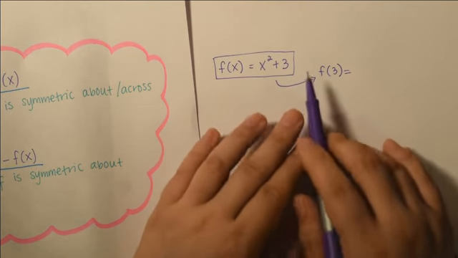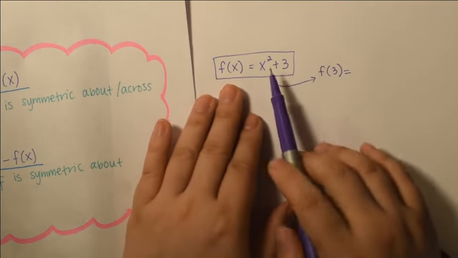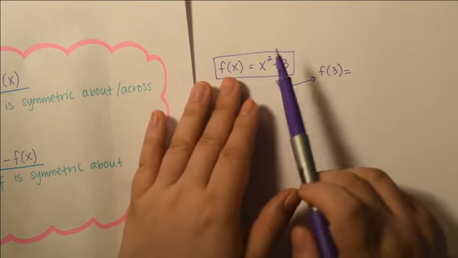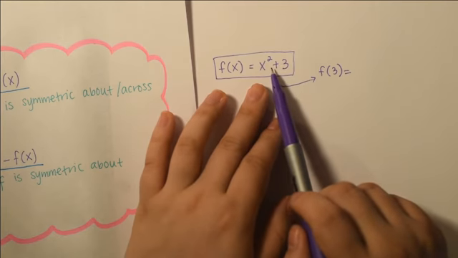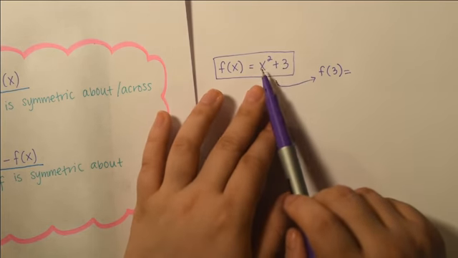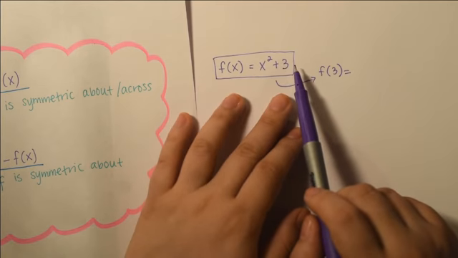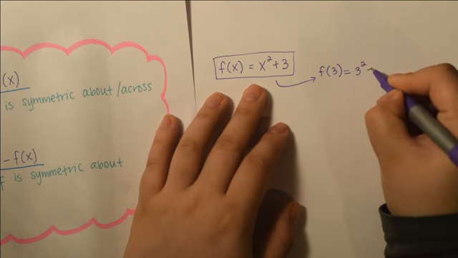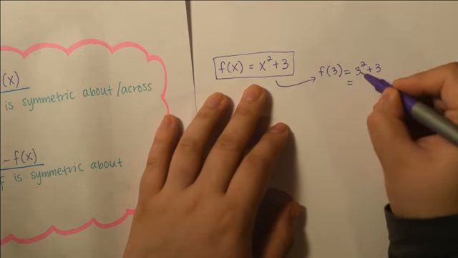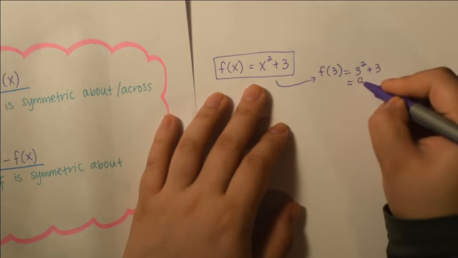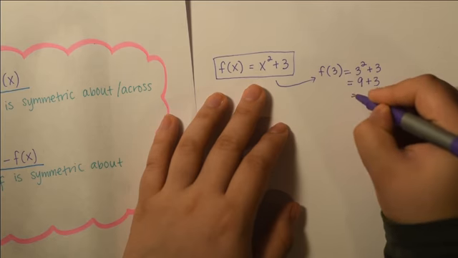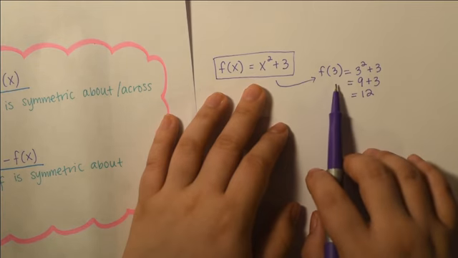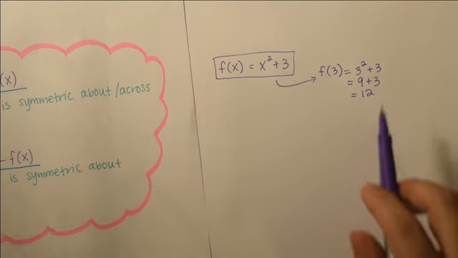With my input of 3, what is f of 3? Well, this function by definition tells me I take an input x, which is just a placeholder, and the output that I'm going to get is that number squared, meaning that number times itself, plus 3. And so f of 3 is going to be 3 squared plus 3. And 3 squared is 3 times 3, which is 9, plus 3, which is 12. So f of 3 is 12. So if I input 3, I get an output of 12.